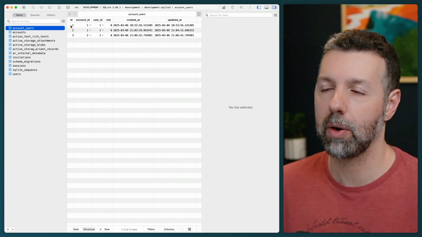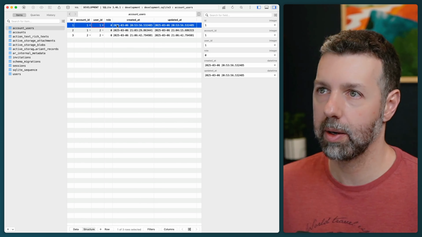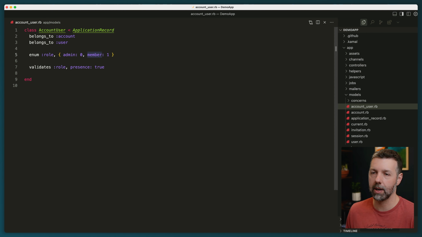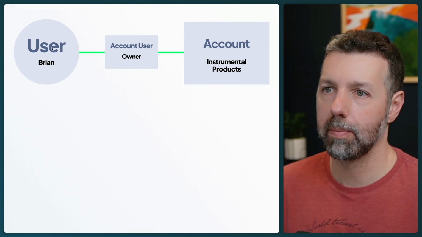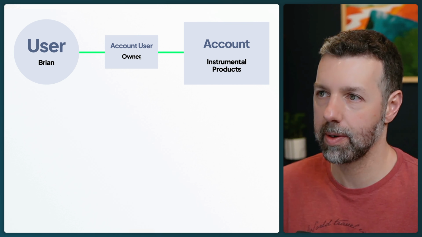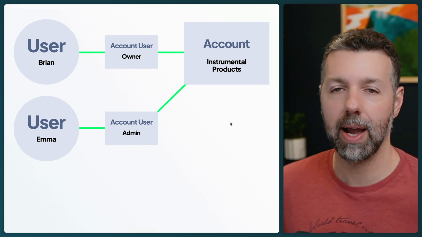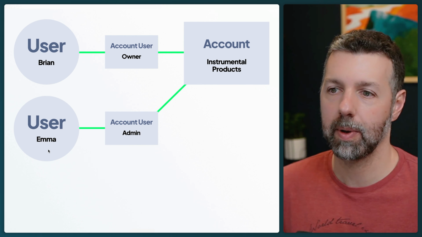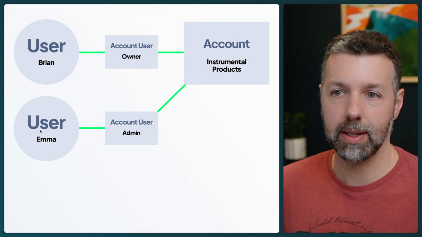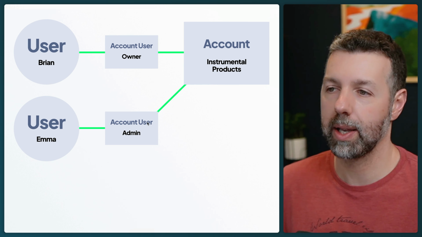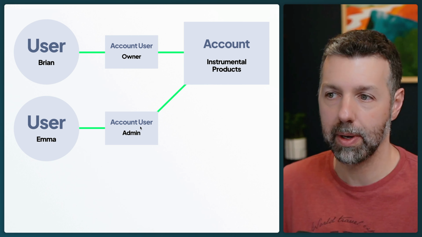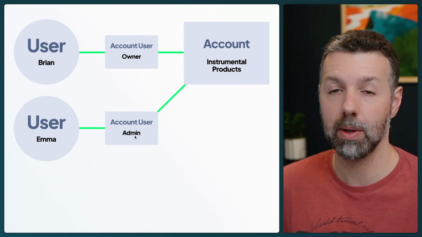One more look at the account users record here. Role is set to 0. Again, if we look at the account user model, the role is an enum and 0 means admin. Let me go back to these slides. So again, my user has an account user, which has an account, and that's what joins it. Now, remember, I invited a second user, Emma, right? So Emma is another user in the database, and we created another account user for Emma, and that one also has the role of admin.